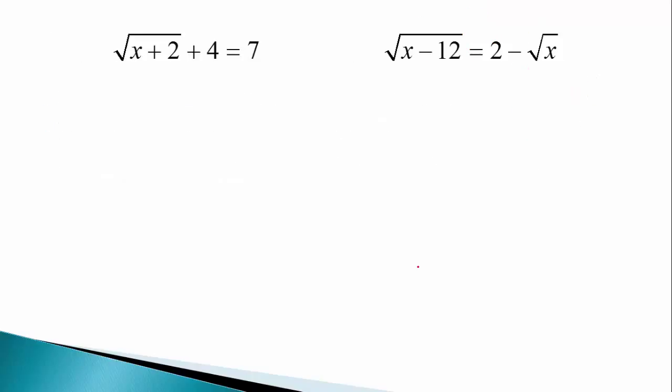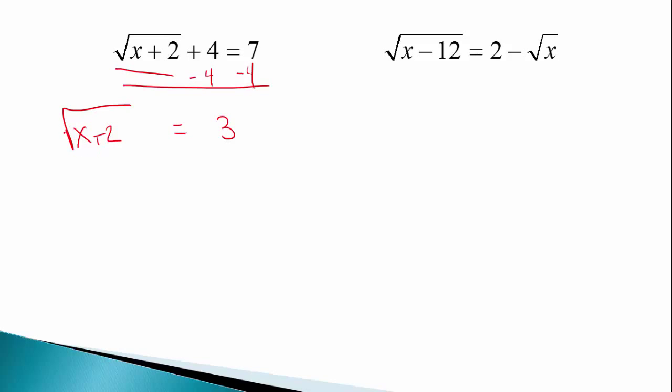Okay, so here's a couple examples of some square root equations. We have the square root of x plus 2, plus 4 equals 7. So I want to isolate my radical first. So I want to get this x plus 2 to be all by itself. So if I subtract 4 from both sides of the equation, now I get just the square root of x plus 2 equals 3. All right, so I have an expression inside a radical.